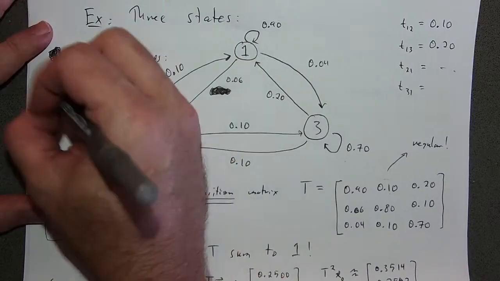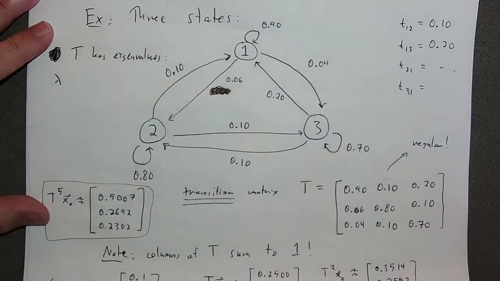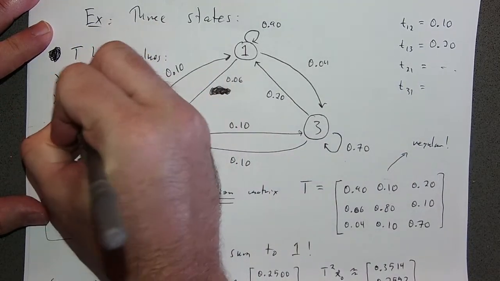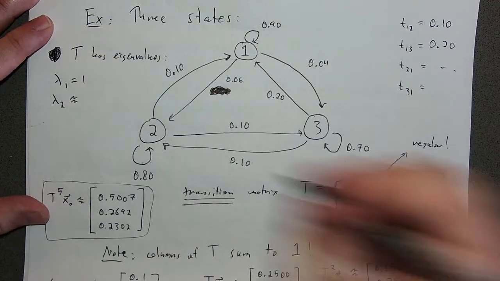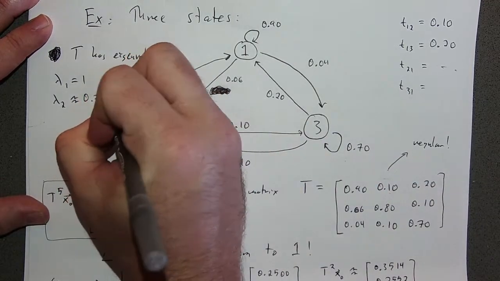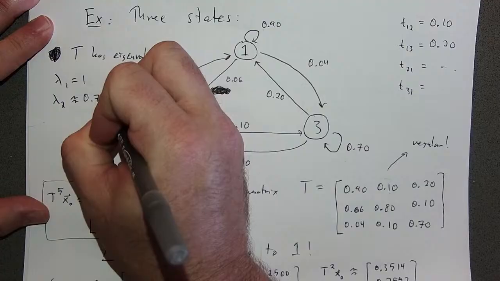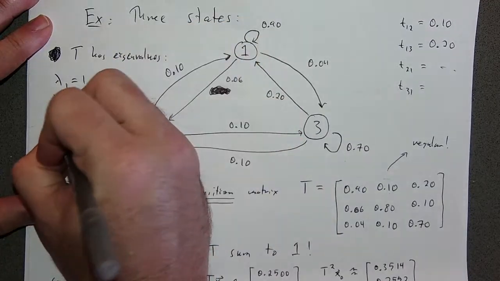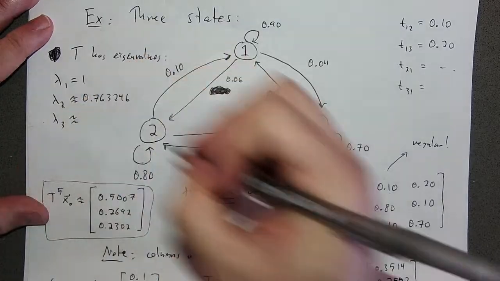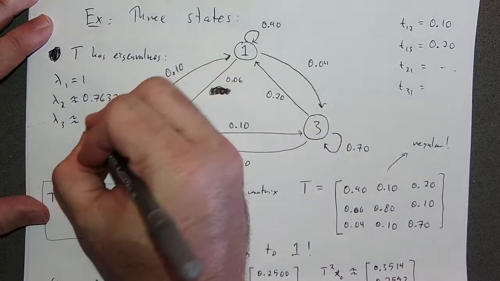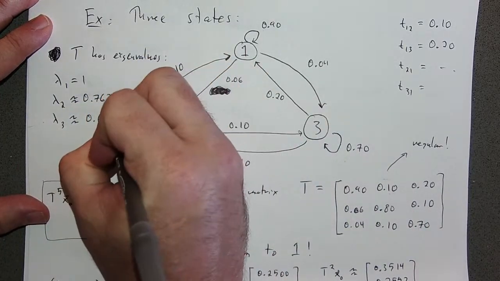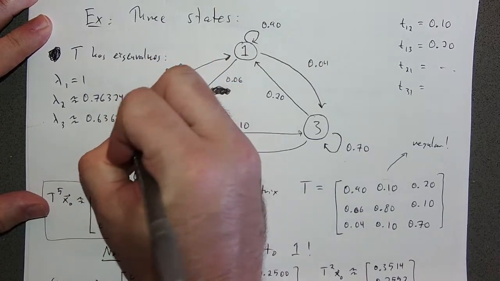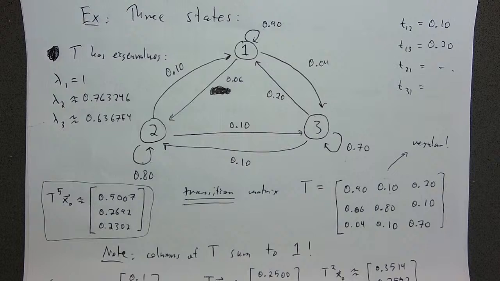We'll say lambda 1 is 1, and lambda 2 is like 0.763246, and lambda 3 is 0.636754.